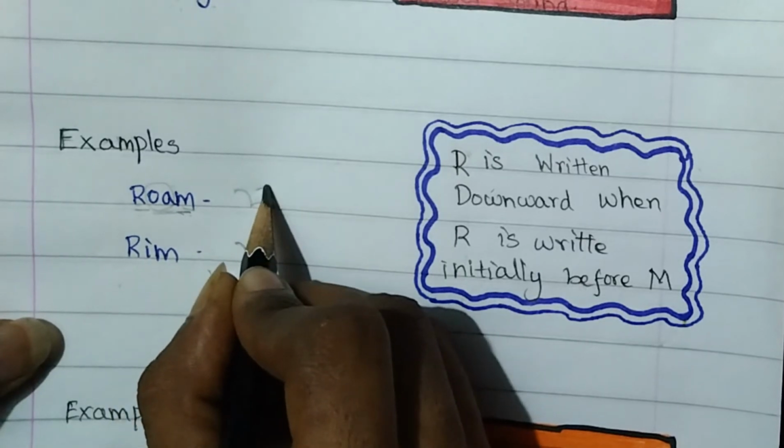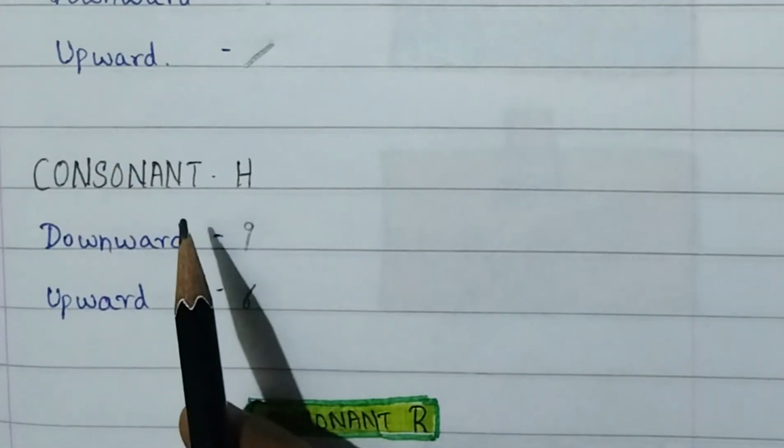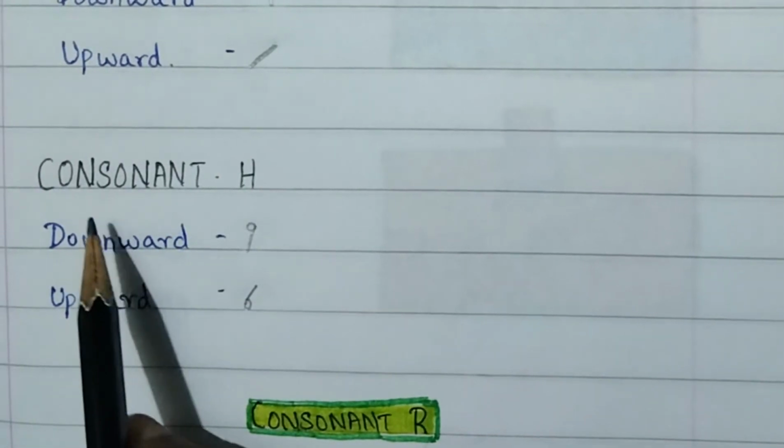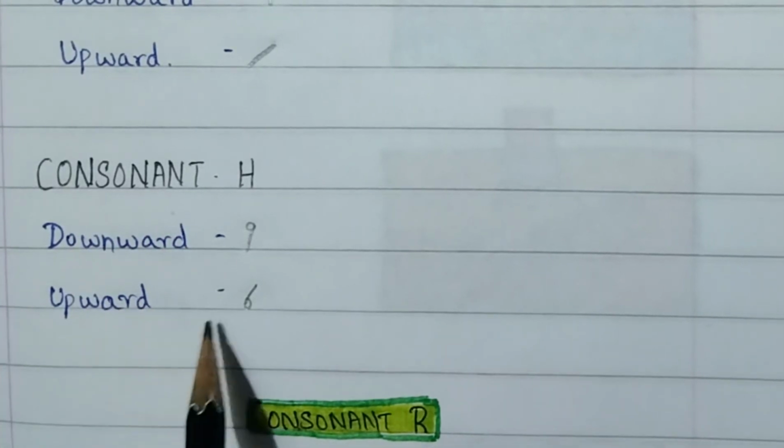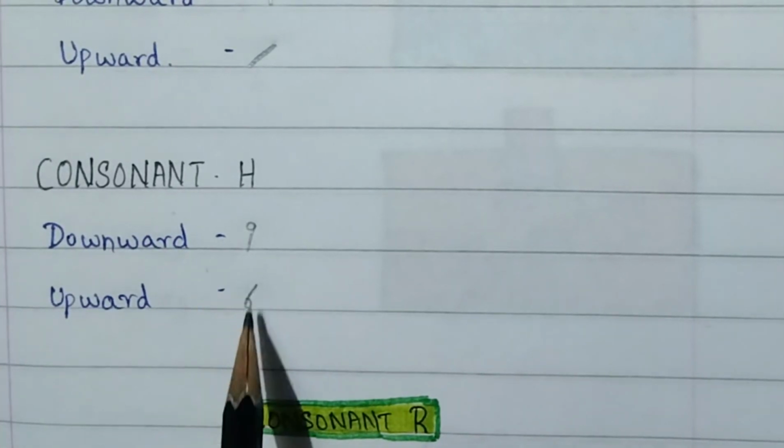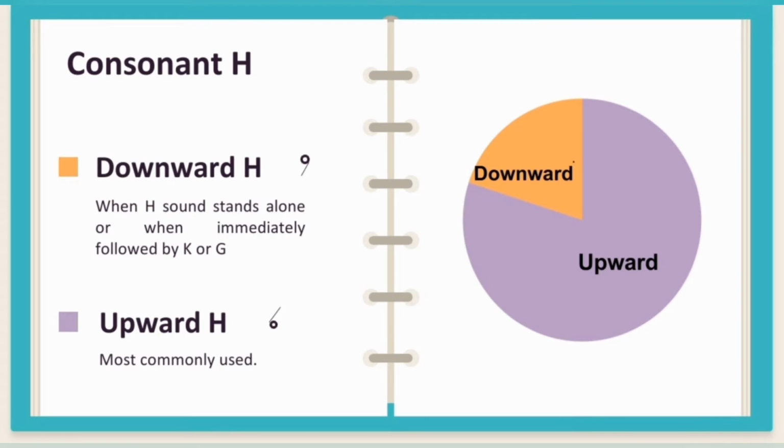Next, let's move on to the consonant H. H also has a downward stroke and an upward stroke. Rules for downward H and upward H are when a H sound stands alone or when immediately followed by K or G, it should be written downward.